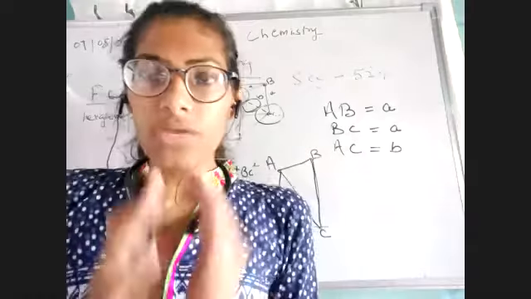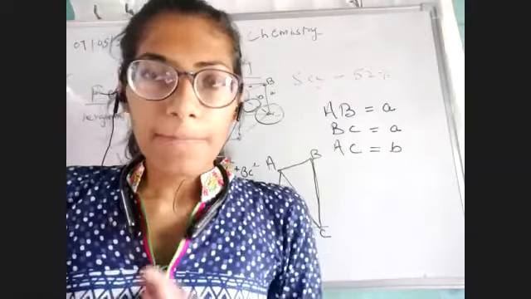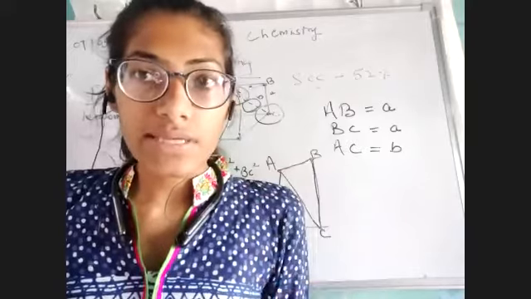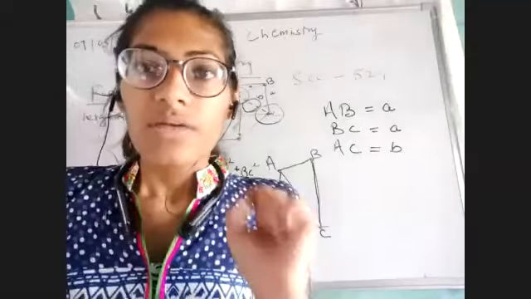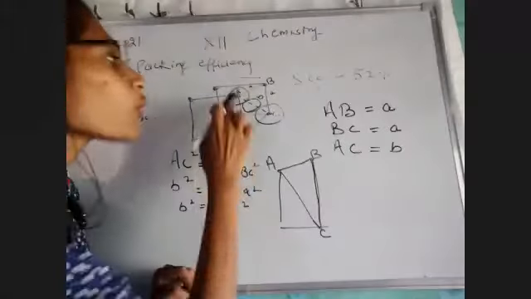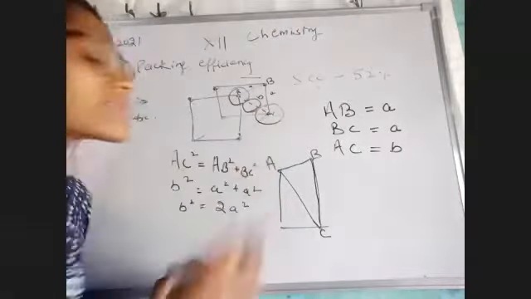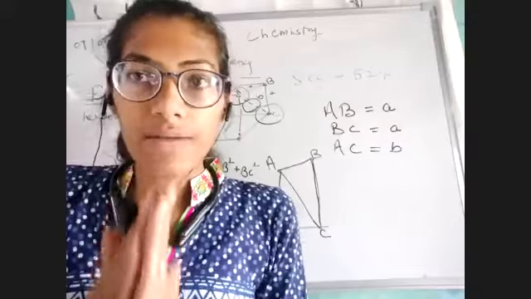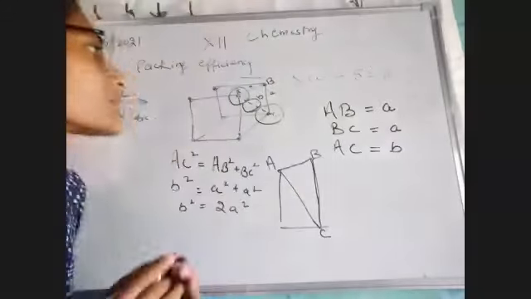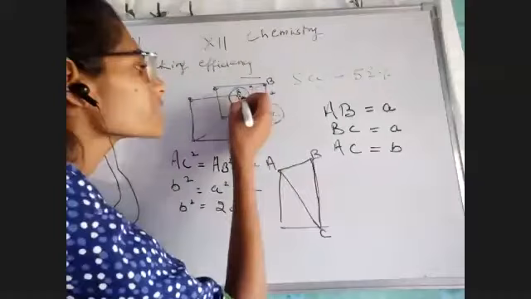Now, we know very well that in the last class, when we were discussing the simple cubic unit cell, we calculated the radius of the sphere, and we assumed that the radius of a sphere is equal to R. So how many R would be here?